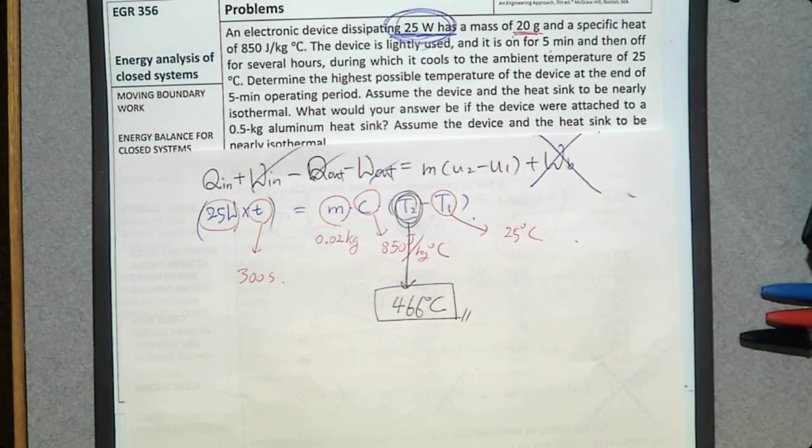So if you use this electronic device for only 5 minutes, if you use this cell phone only 5 minutes, the temperature becomes 466 degrees Celsius. So they need to hire a new mechanical engineer, right? Who studied thermodynamics. So can this electronic device survive at this temperature? No. So what can we do?